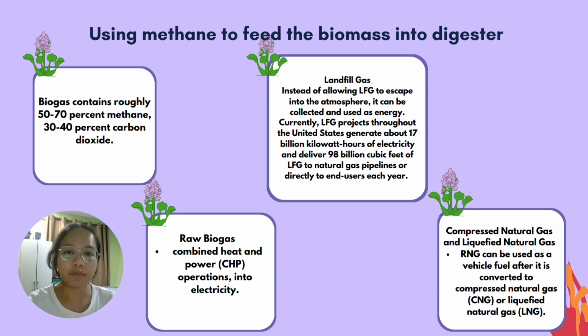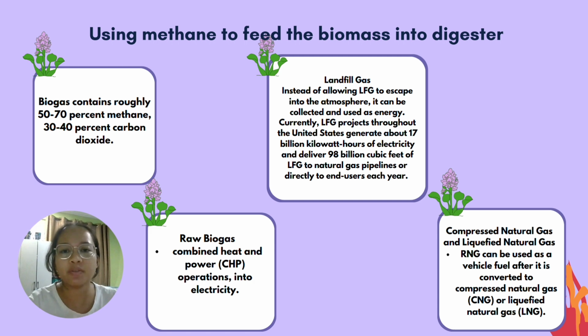Well, one of the benefits of water hyacinth is we can use the methane gas produced, which is the byproduct of the species, to feed the biomass into a digester.